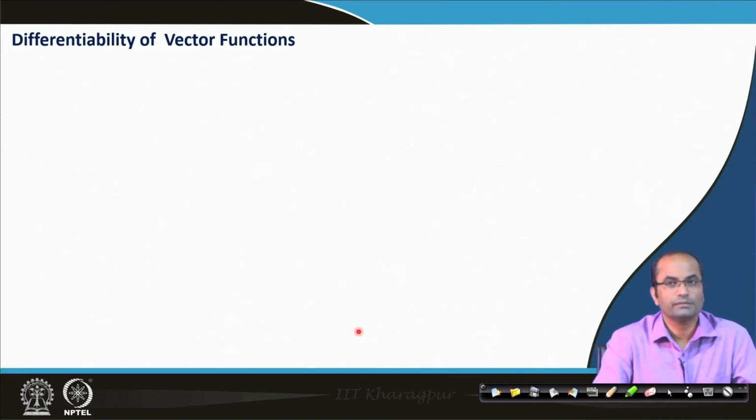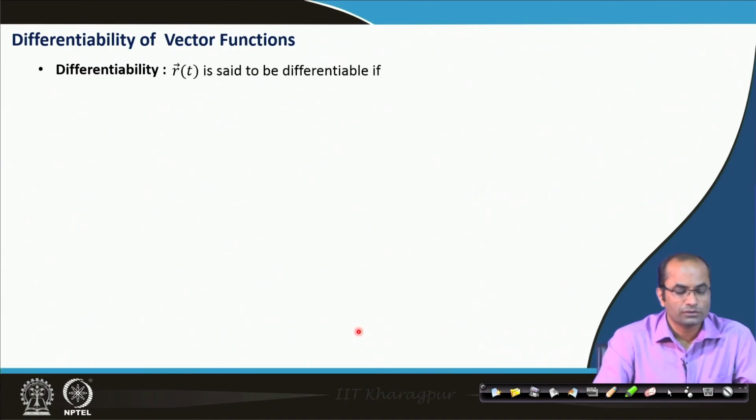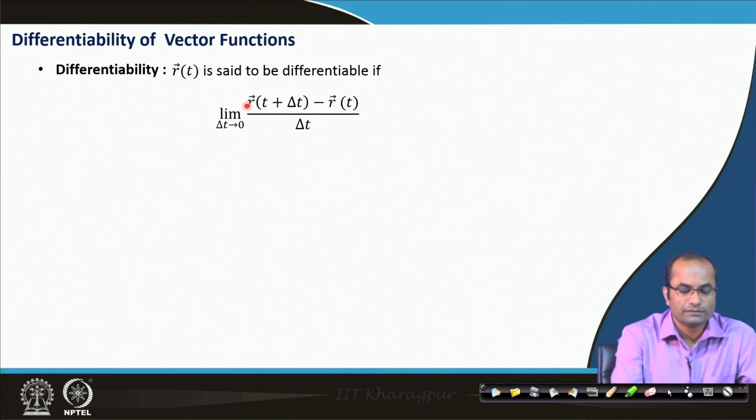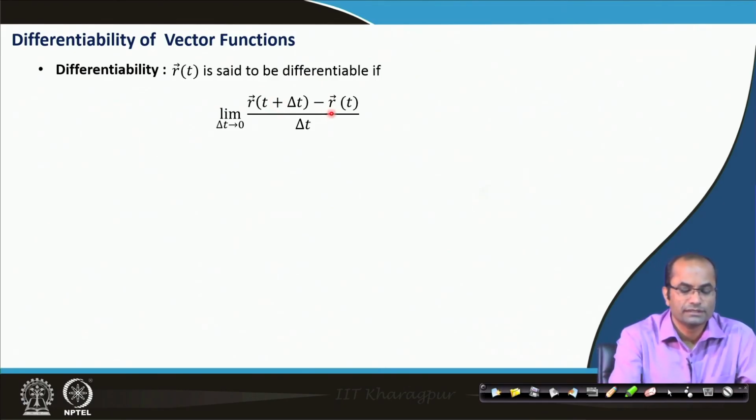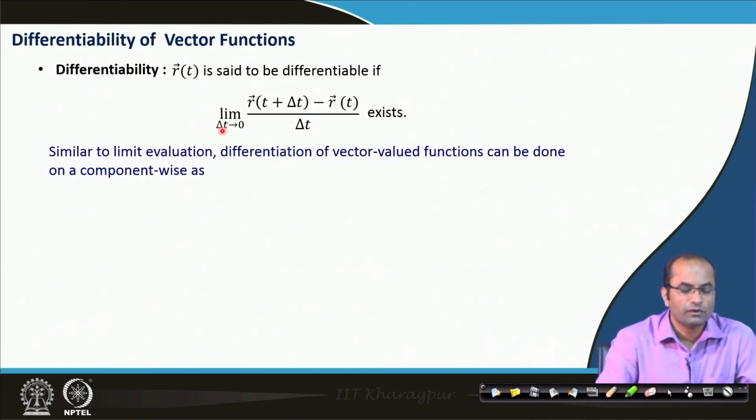Coming back to differentiability, a very important concept in vector calculus. The function r(t) is said to be differentiable if, and the definition is parallel to what we have for scalar functions, the limit of r evaluated at t plus delta t, so there is a variation given to its input, minus r(t), divided by delta t, exists.